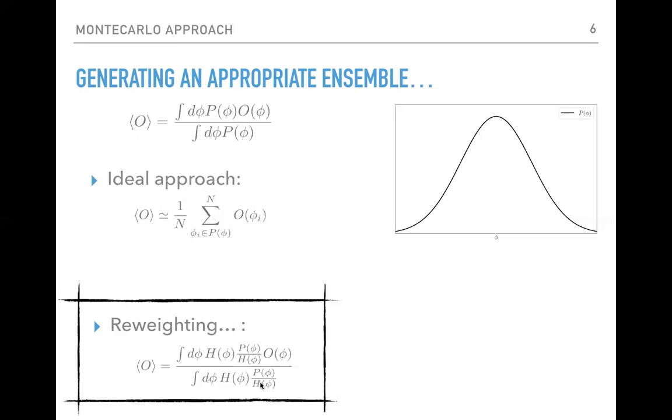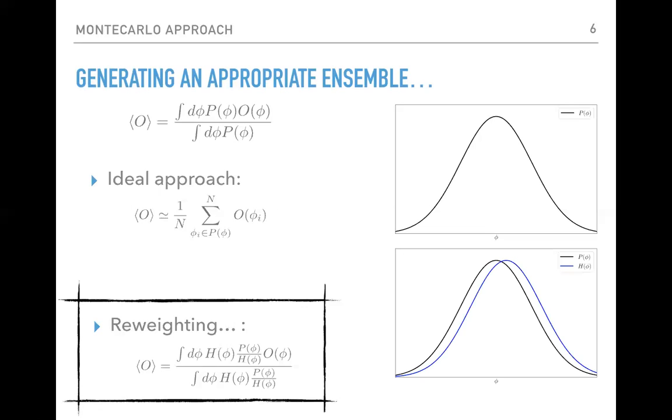I'm talking about reweighting because I find it a very intuitive way of understanding how the sign problem appears, by trying to solve it in a reweighting type of approach. Maybe you understand what I mean in the following slides.